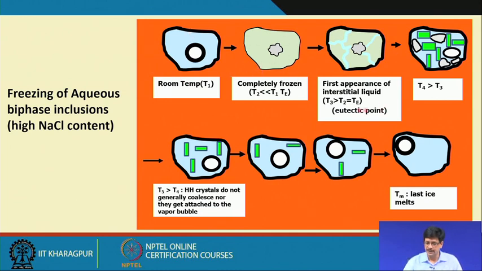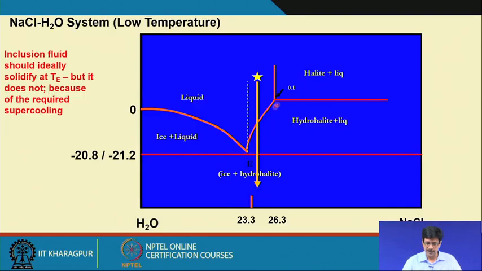Up to the point of T E whatever we have discussed will hold good, but here, corresponding to the temperature just below the temperature of last ice melting, on this particular cotectic we have ice plus liquid. The situation corresponds to when the composition is of higher sodium chloride content than the eutectic composition.